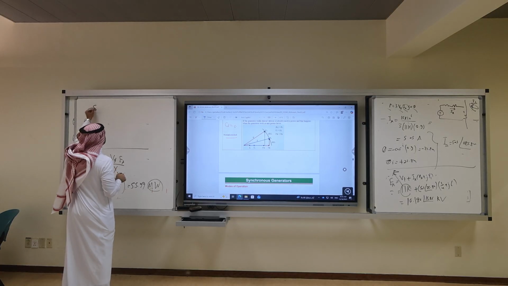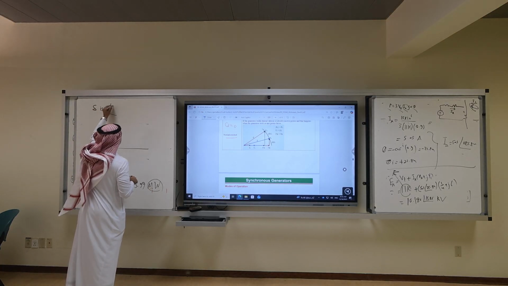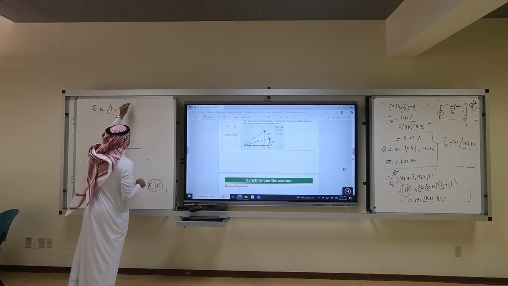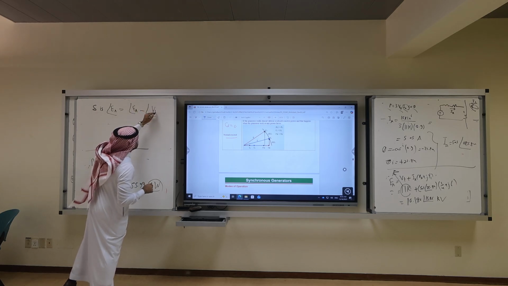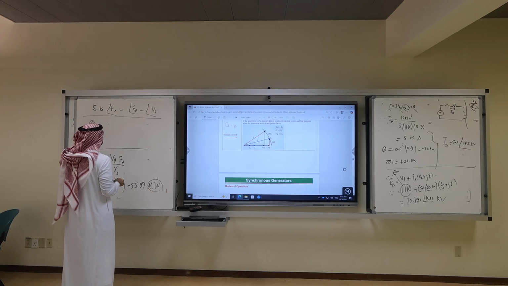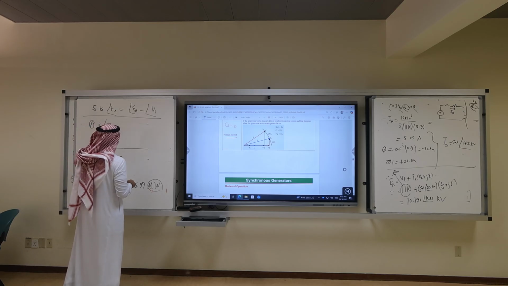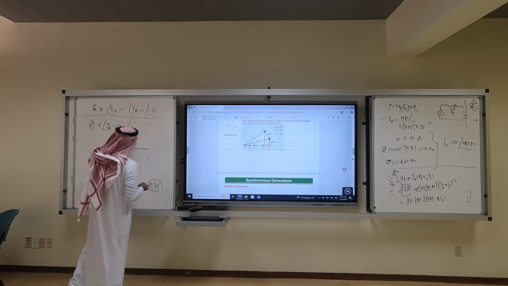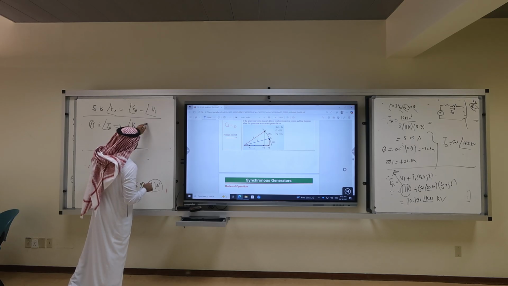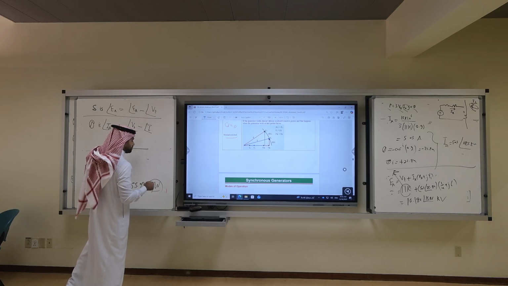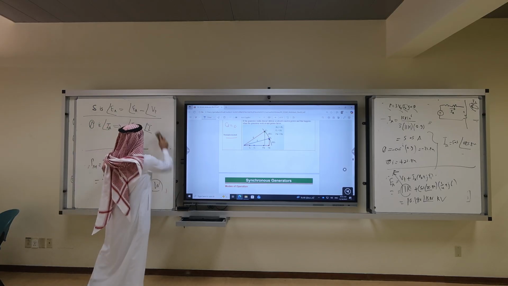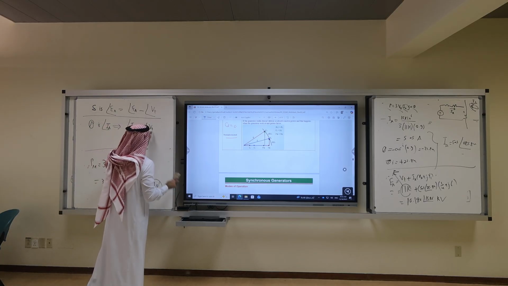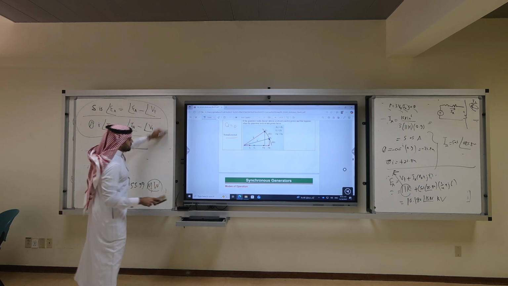The delta is the angle of EA, which is the angle of EA minus the angle of VT. The theta is the angle of IA, which is the angle of VT minus the angle of IA. We must differentiate between delta and theta.